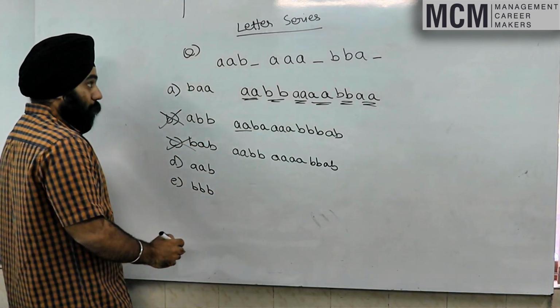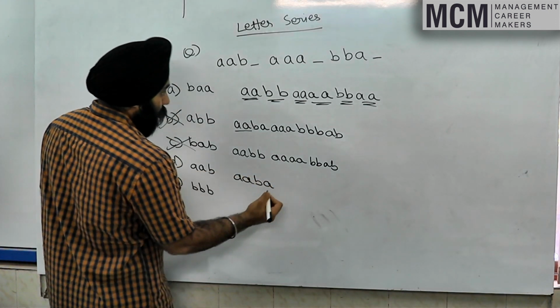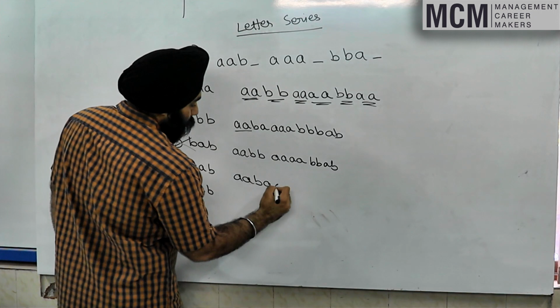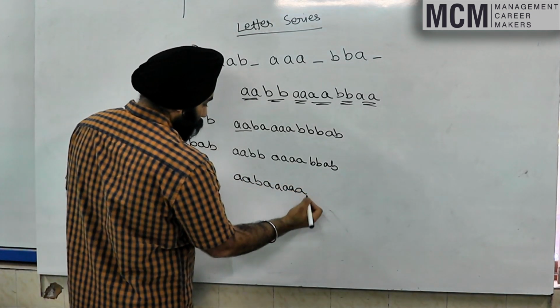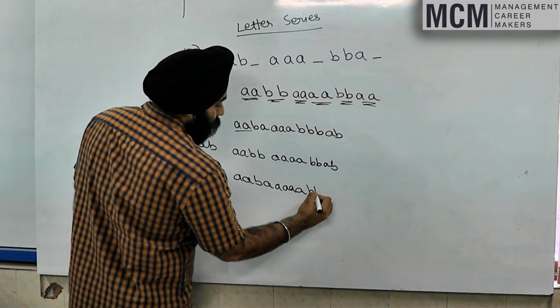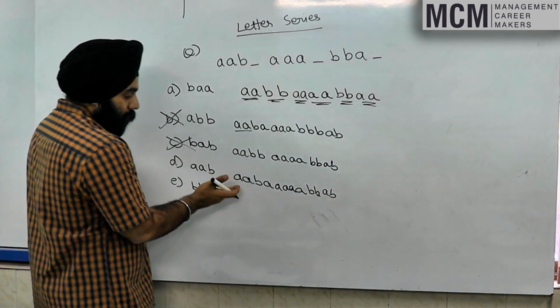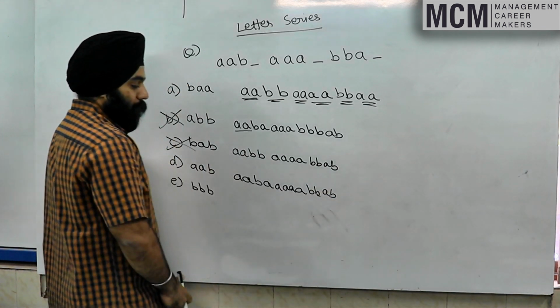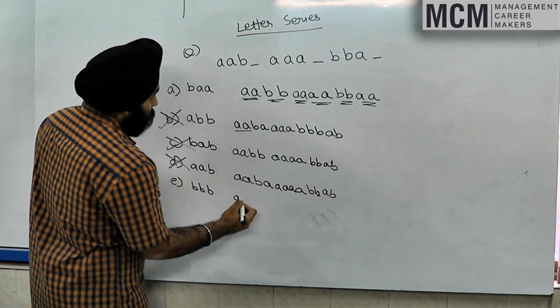You can reject this also. Then the next option: you have A, B. Then you have this A, which fits over here. Then you have 3 A's, right? Then the next A, right? Then you have B. Again, there is no repetitive pattern which is being formed. So this is rejected. Let's try the last one.